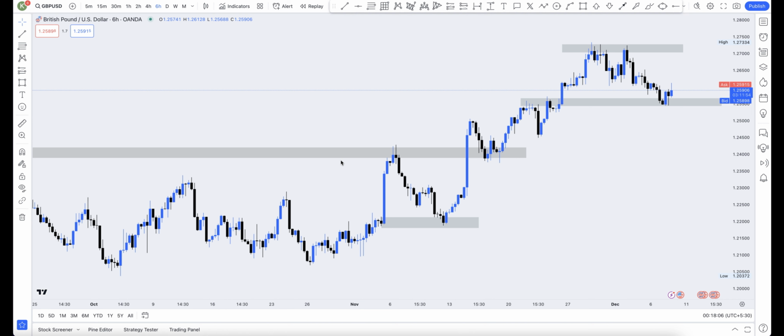When you look at this area too, I have my resistance turned support here, where price broke out of the resistance zone, came back for a retest, forming a support zone, and then moved upwards. Also at this side, we have another resistance turned support. Price broke out of the resistance zone, then came back for a retest on that same zone again, and is moving upward.